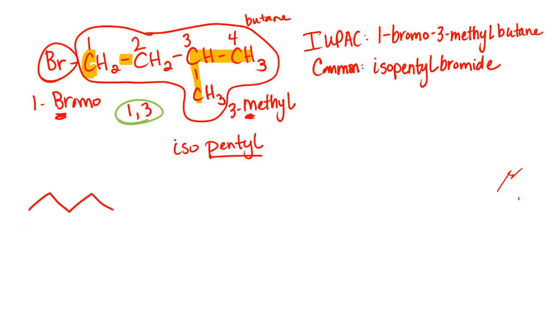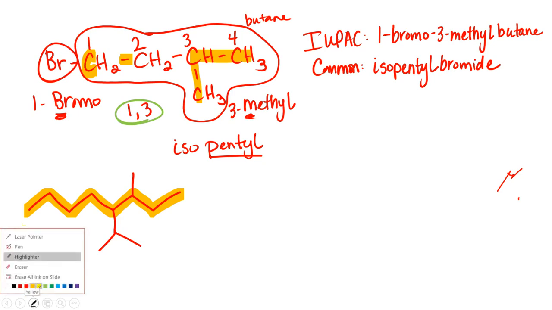Let's try another example problem for you. So let's look for a longest continuous carbon chain here. What if I go 1, 2, 3, 4, 5, 6, 7, 8? Or I could try another combination just to see. What about 1?